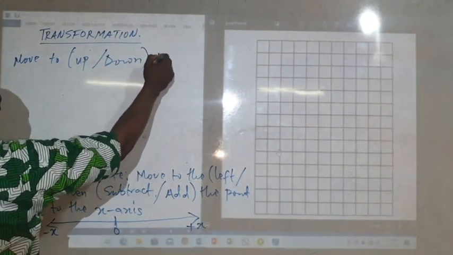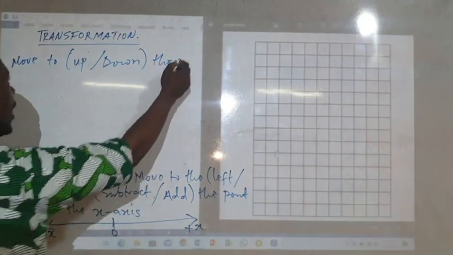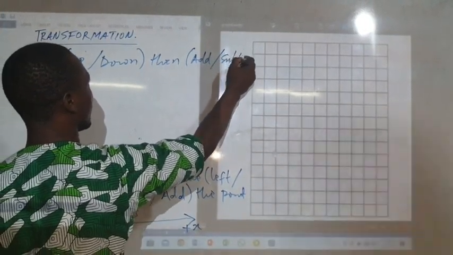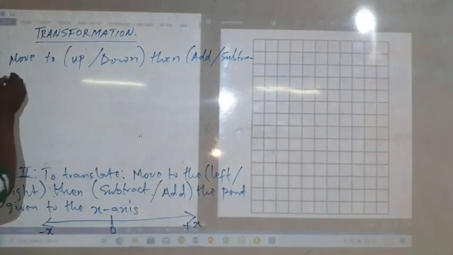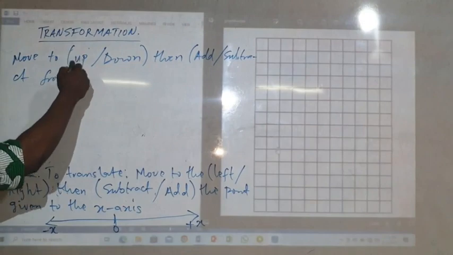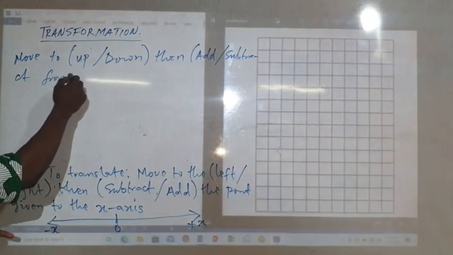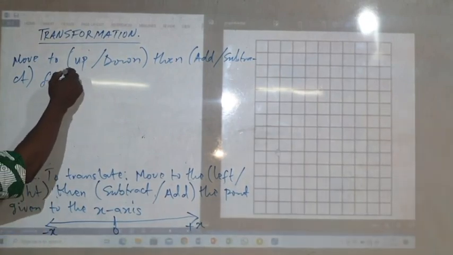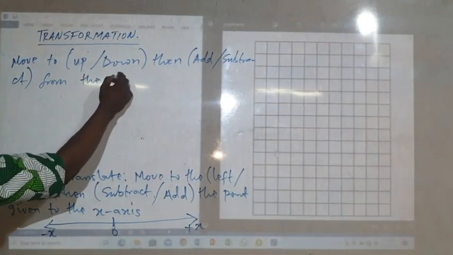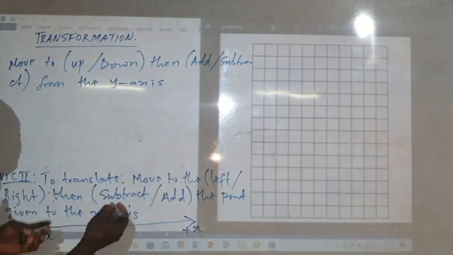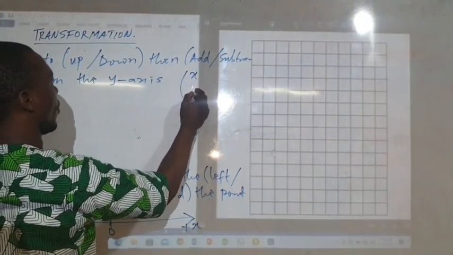If you are moving up, then add or subtract from the Y-axis. And this could be represented in column vector as x over y.